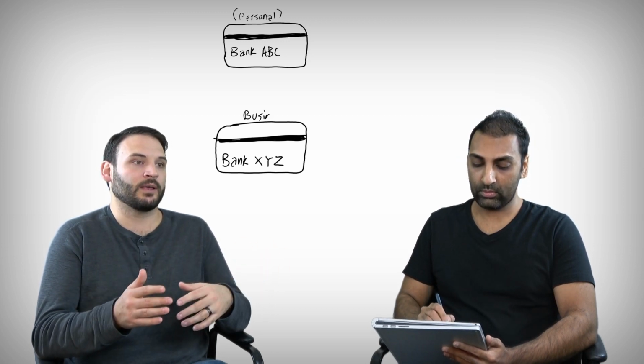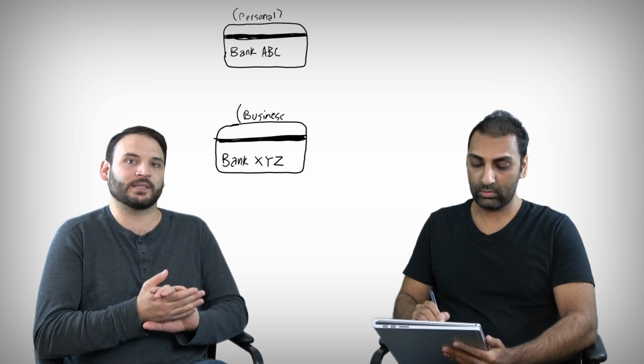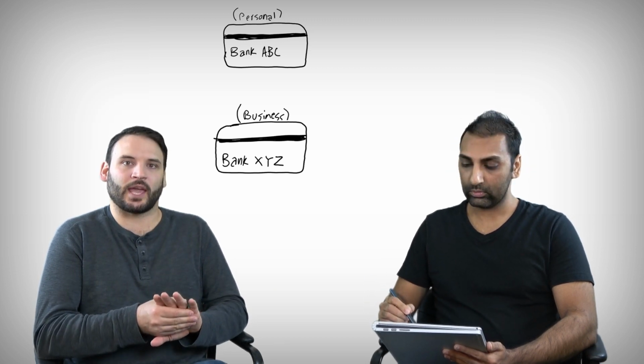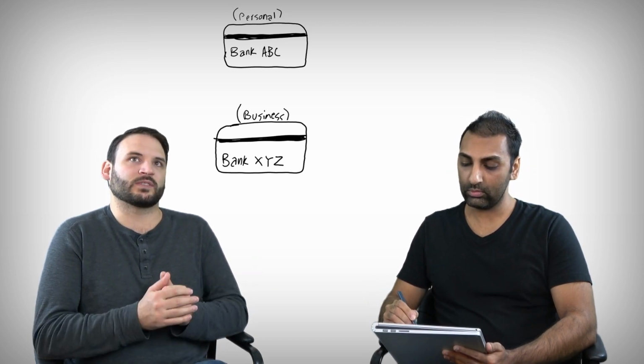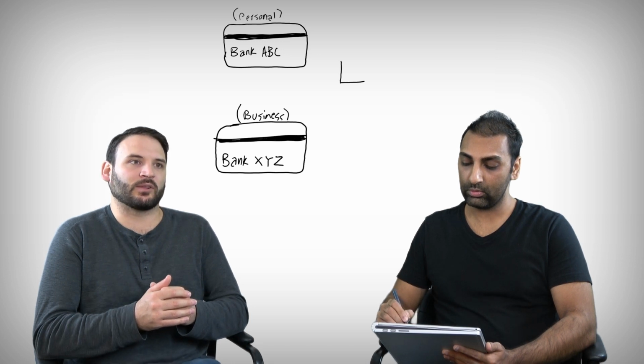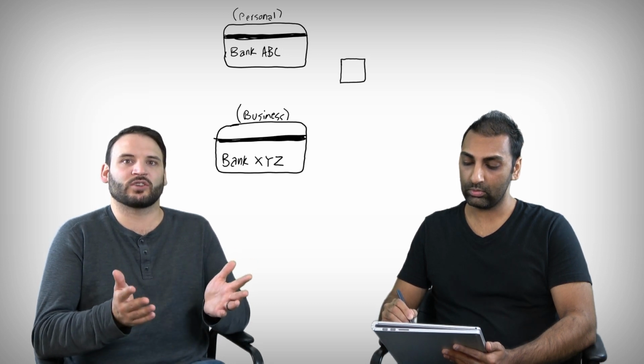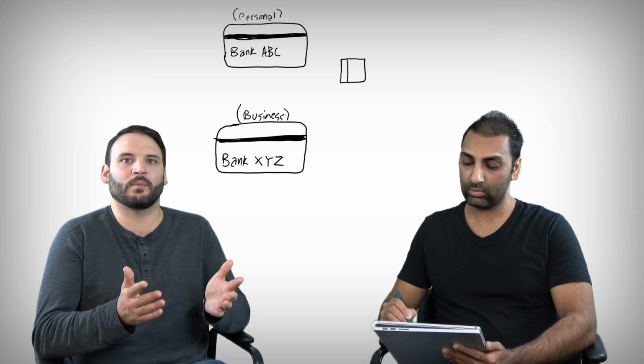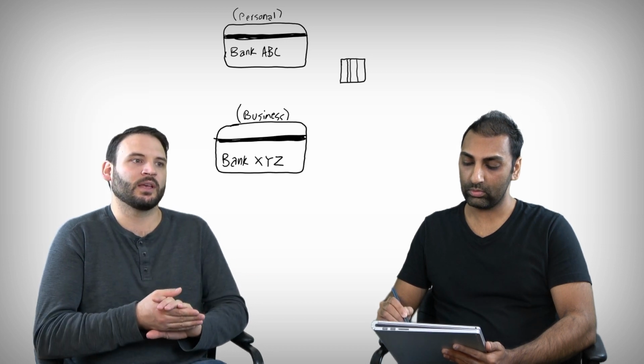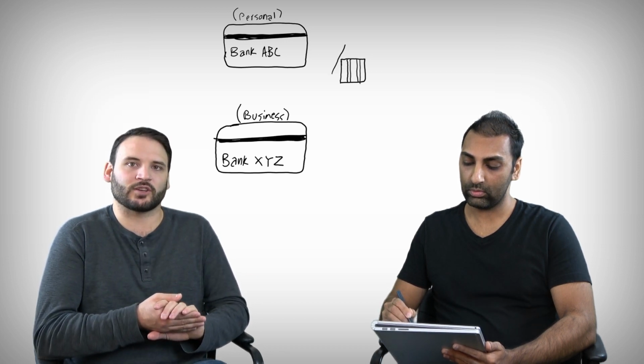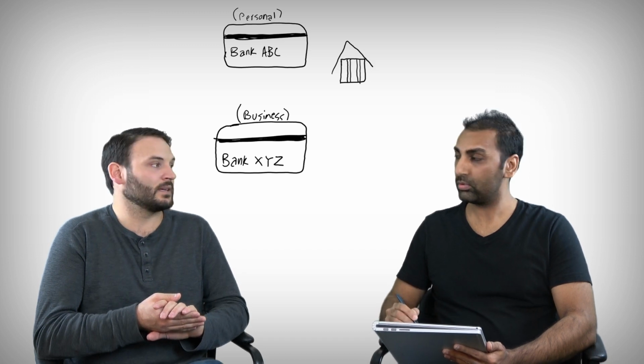Pick what's your favorite. But let's say you call Bank ABC and you say, I'd like to do a cash advance. We'll say Bank ABC has a $10,000 limit, so chances are your cash advance limit is probably going to be about $2,000. So let's take a $2,000 cash advance on Bank ABC.